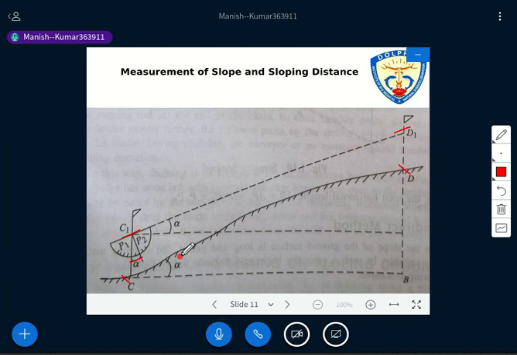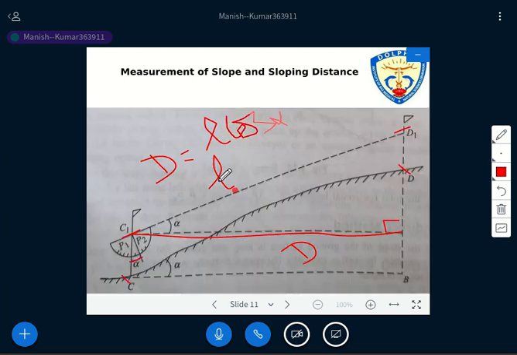Now, since we have to find this horizontal distance, you can name it D, and the length of the slope you can name L. This is 90 degrees, so again you can use the concept of the right-angled triangle with trigonometric ratios, and the relation is cos. You all know the formula: cos alpha equals B by H. So B is D, H is L, so D will be L cos alpha.